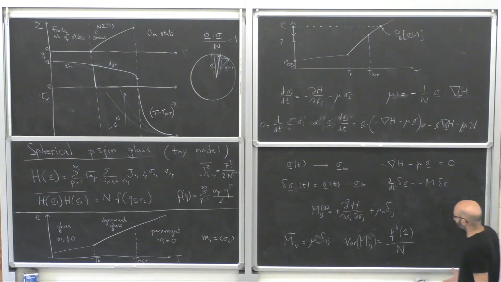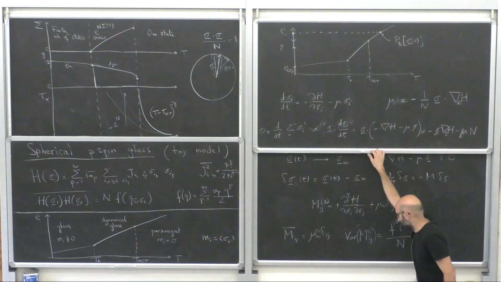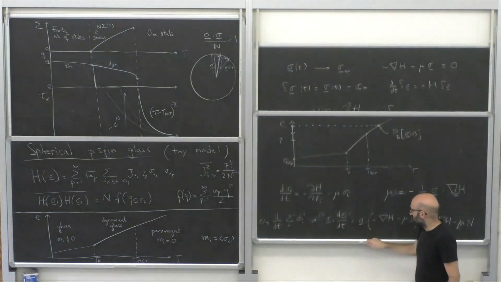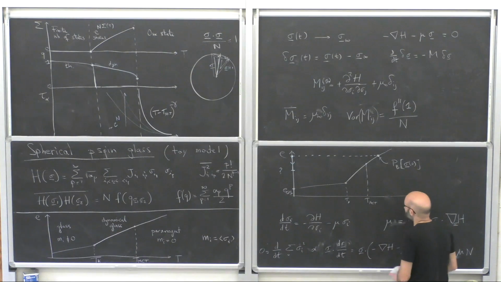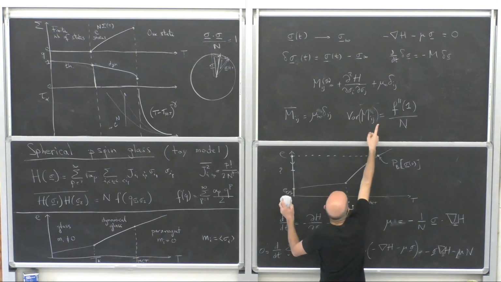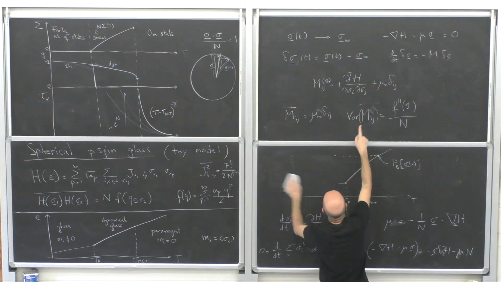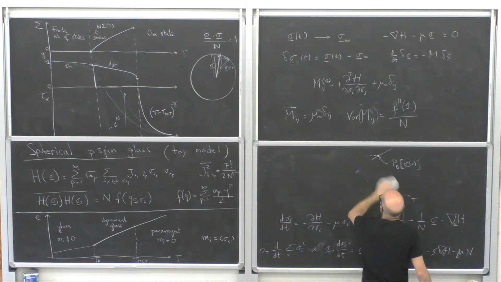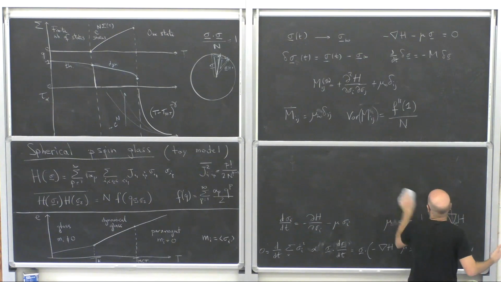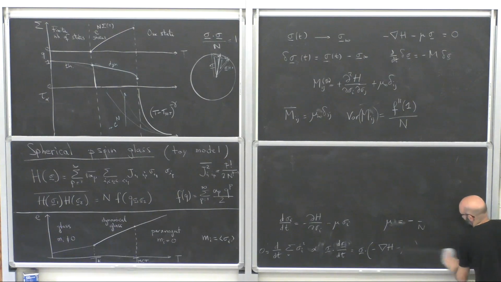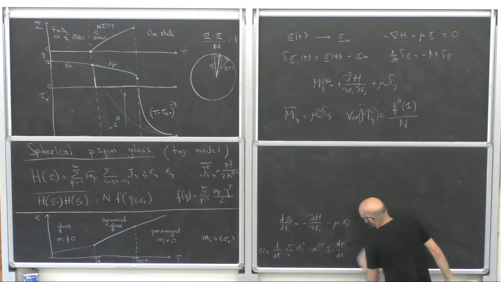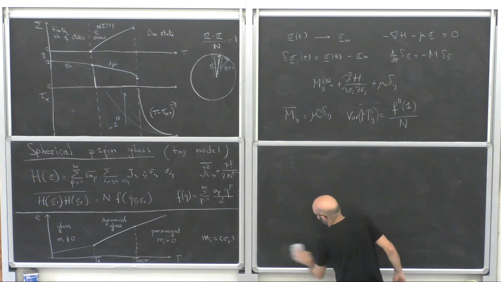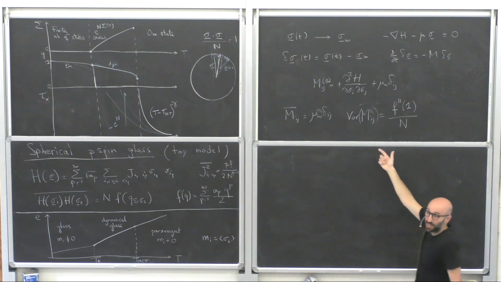So this is now a simple object, because it's a diagonal matrix plus a matrix that has matrix elements that have 0 mean and certain variance. Of course, it's a symmetric matrix.